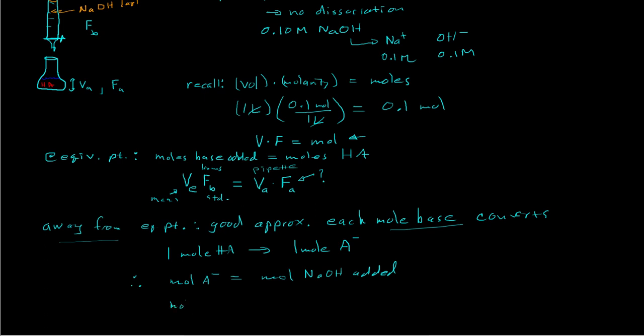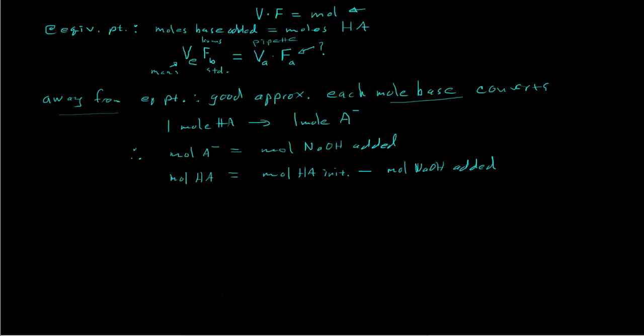Similarly, the moles of HA that are present in our solution at any point will be equal to the moles that we had initially. I'll use init as my abbreviation for initially, minus the moles of sodium hydroxide added. All right, so that's just making use of our good approximation here that as long as we're away from the endpoint, this should be true. And that will allow us to calculate the moles of HA and moles of A- at any point during this titration, as long as we're ahead of the endpoint a little bit.